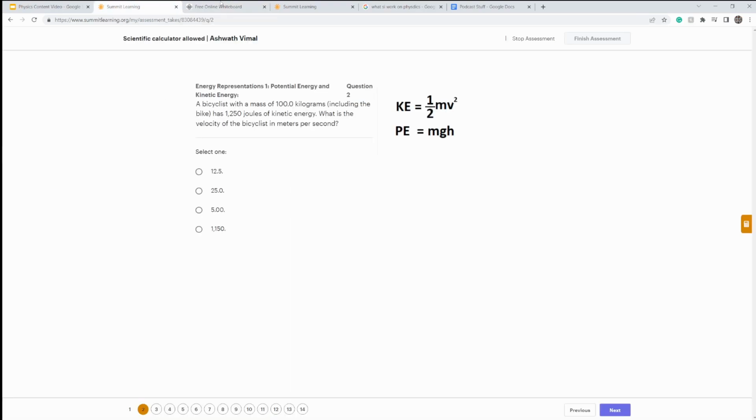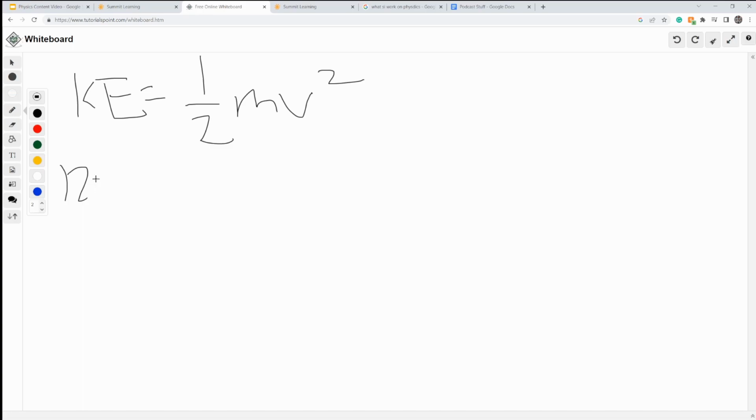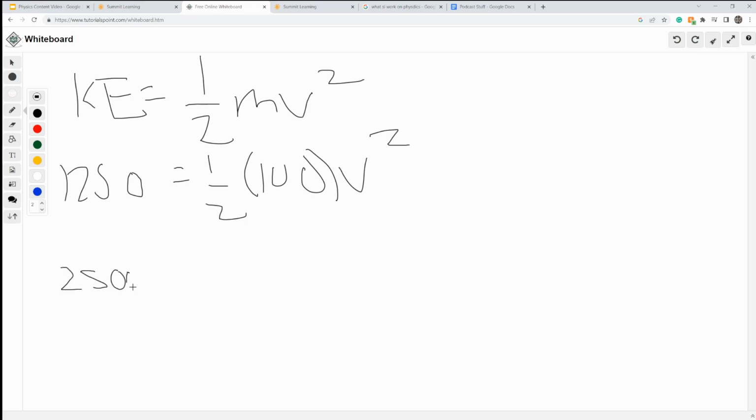We know KE equals 1,250, and we know the mass is 100 kilograms. So 1/2 times 100 times velocity squared. We multiply both sides by 2 so we can cancel out the 1/2 and isolate the v. So 1,250 times 2 is equal to 2,500. So now we have 100 times velocity squared.